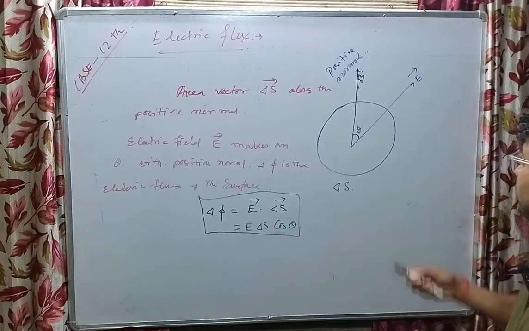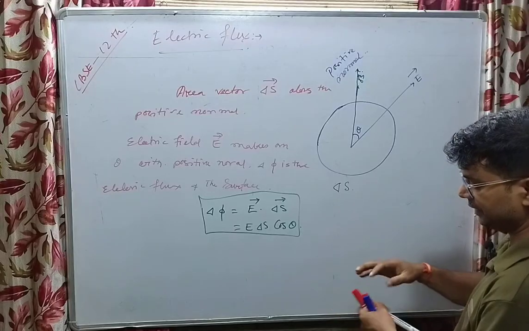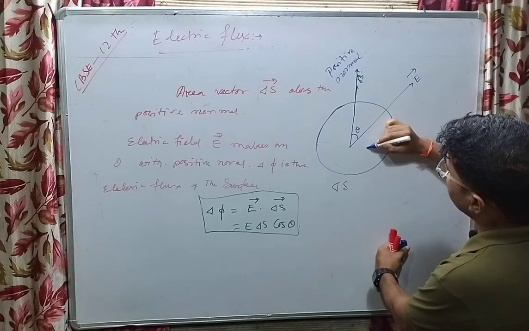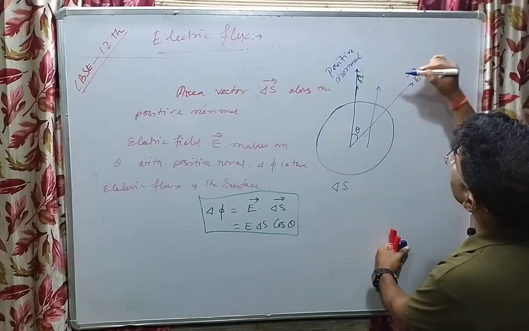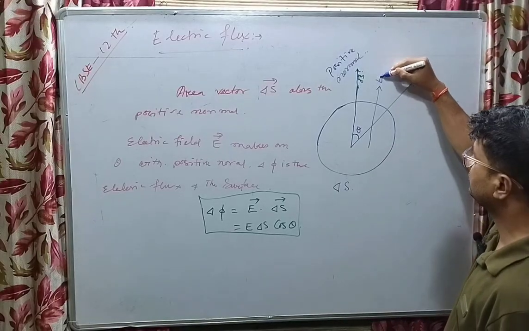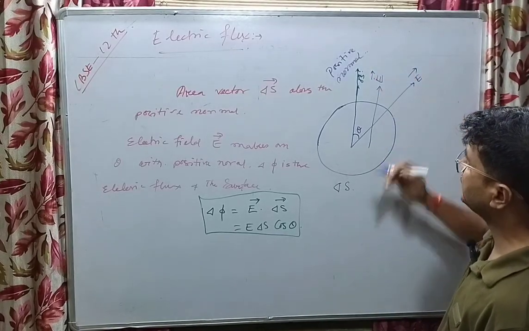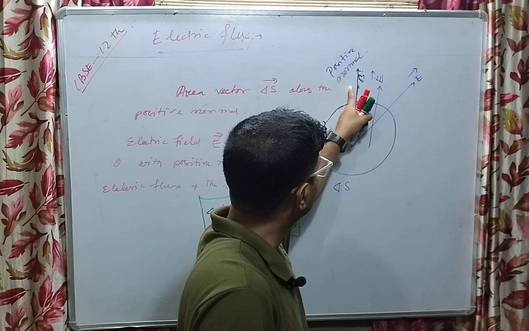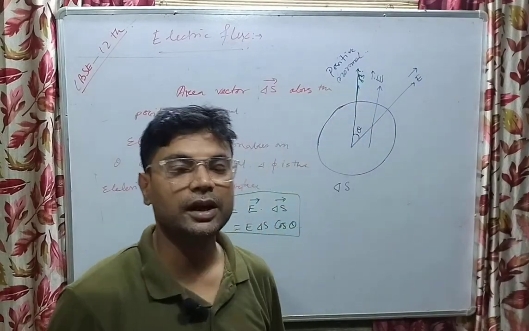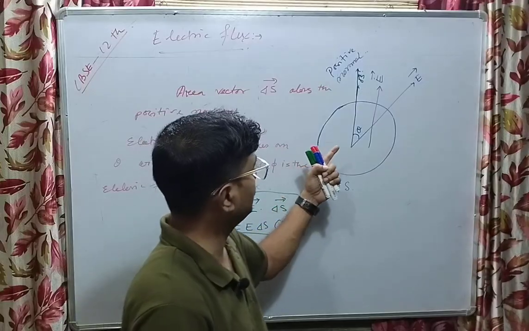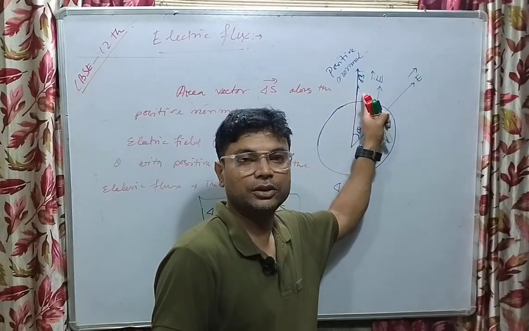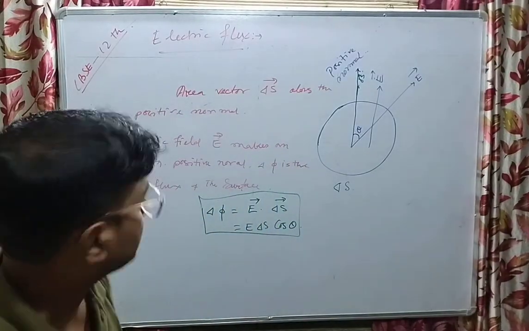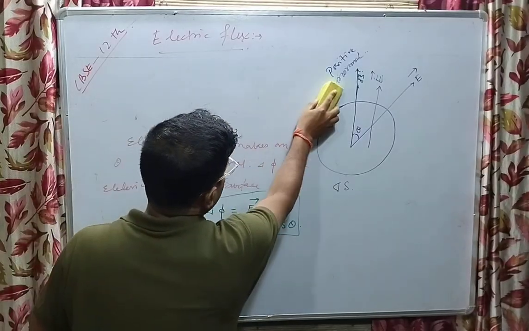The question is, if this electric field is parallel to the positive normal, that is, along the direction of the area vector delta S, what will happen? Let us find out the condition.